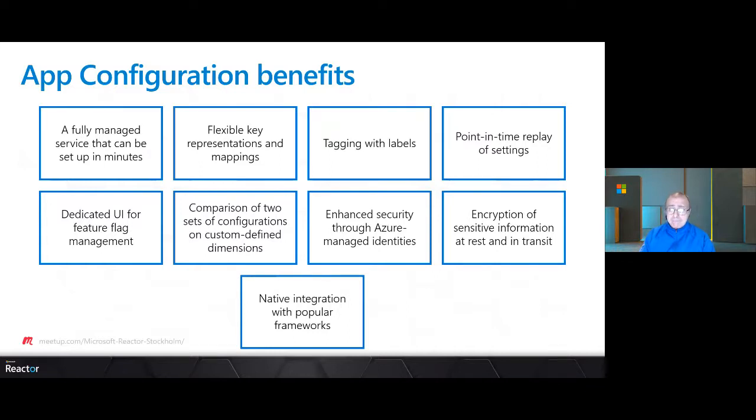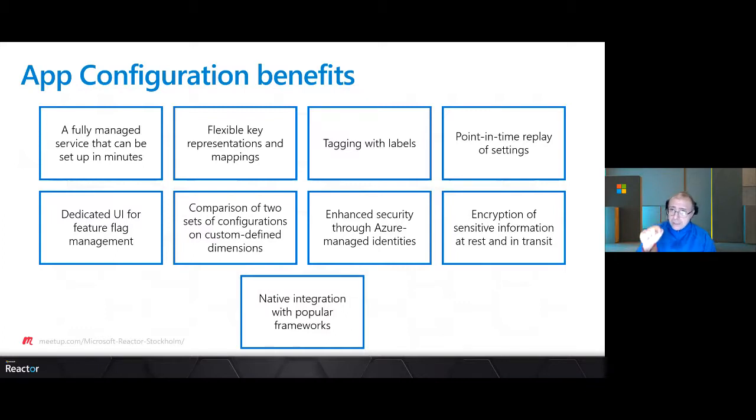You can use, as I said, key value pair to identify every single configuration in your application, and you can have a hierarchy of your configuration exactly as you do in your configuration file.